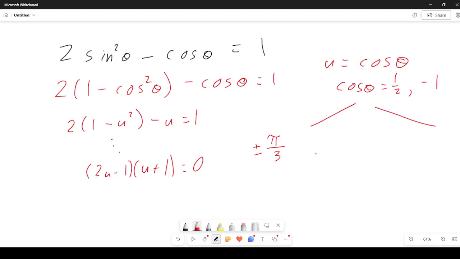So I'm just going to put plus or minus to make it a little more compact. And over here, where is cosine negative 1? That's at pi. So the solution set would be plus or minus pi over 3 plus 2n pi, comma, pi plus 2n pi.